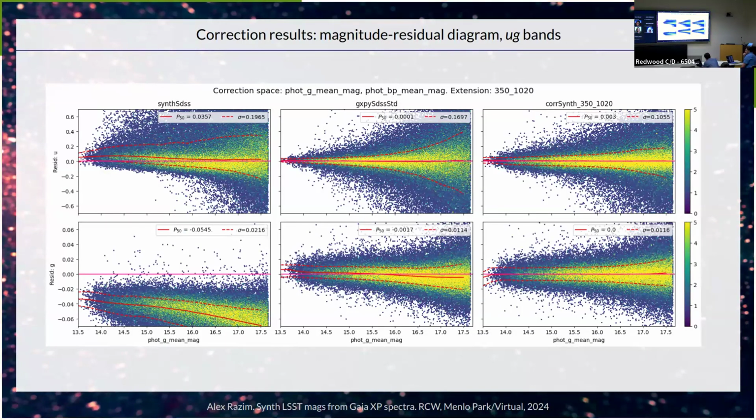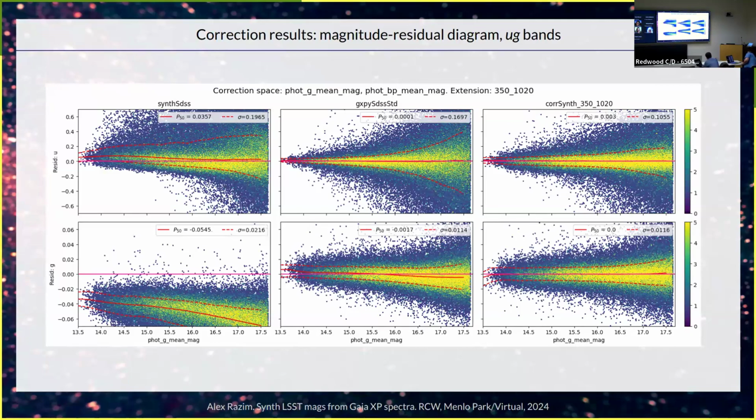So on this plot, this is for U and G bands. On the left column, you can see synthetic magnitudes that are obtained without any kind of correction. You can see that there is a magnitude trend in U band, and a magnitude trend in G band. There are noticeable median differences.